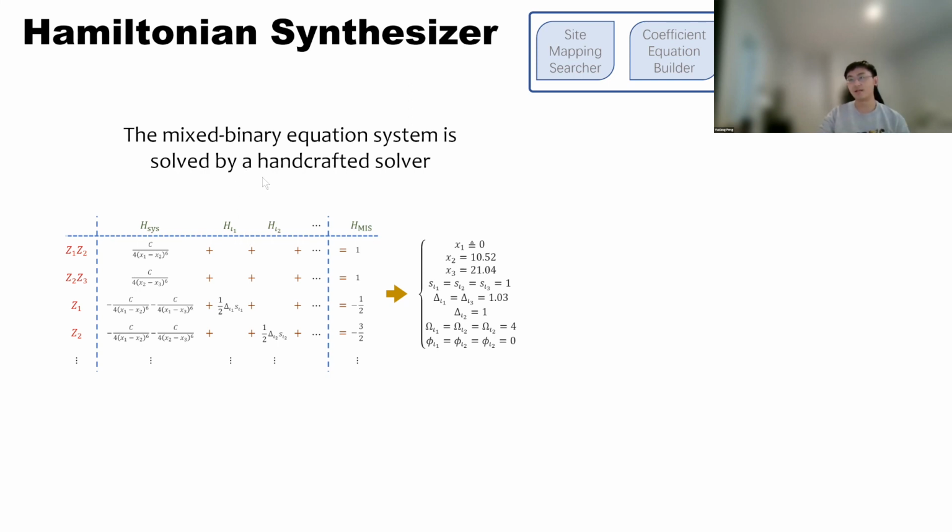Using the handcrafted solver for the mixed binary equation system, we can solve the equation and get a solution like this. It specifies the values of these variables, the values of the switch variables, and the values of the variables in each instruction call.